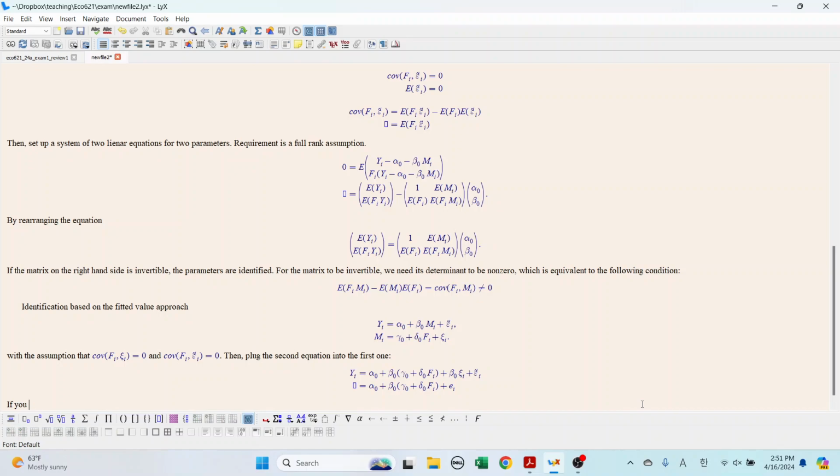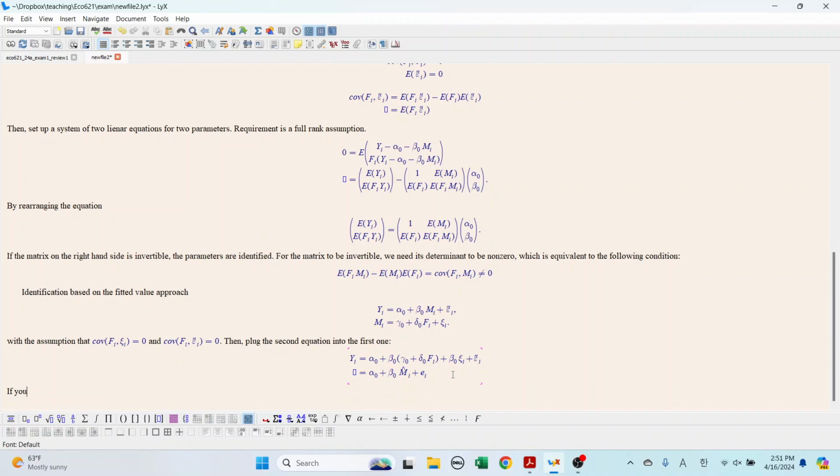Now, I will define a new notation, hat mi, where E is defined like this, and hat M is defined as this guy, right?